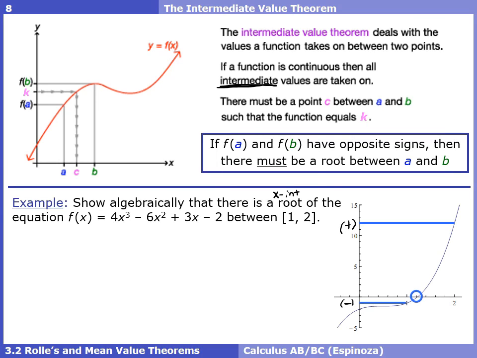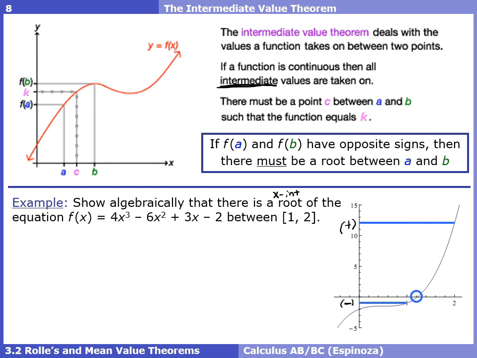So what we can do is use what the intermediate value theorem says a little more appropriately. If the value of the function at a and the value of the function at b have opposite signs, then what did you have to do? Well, you would have had to cross the x-axis to get from a to b.